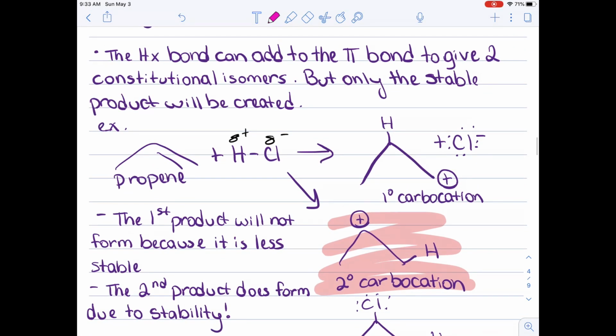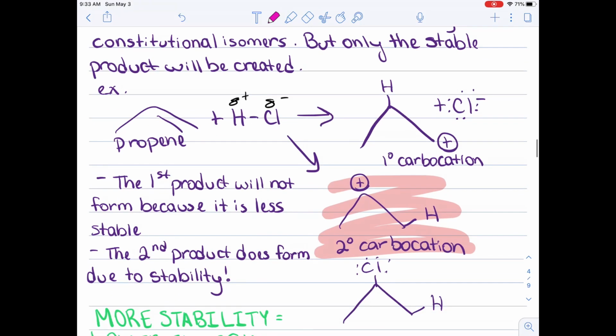So let's take a look at propene. We're going to add hydrochloric acid to this. So the first intermediate is a first degree carbocation right here at the end. Your second possibility is a second degree carbocation. Which one do you think will form? The answer is going to be the second degree carbocation. Why?